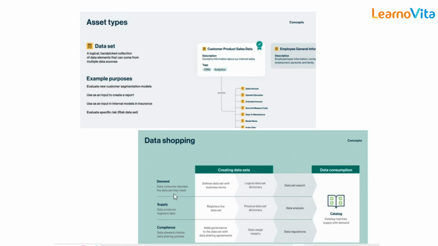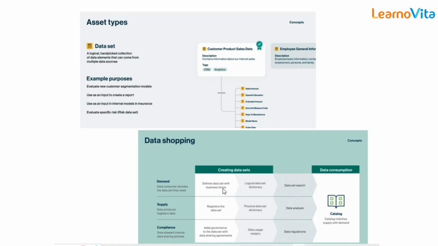So the data customer decides which data set they need. The business people will be grouping the data into data sets according to their needs. If they want to see sales related data or profit related information, they'll propose a business term and relate it to the data set.